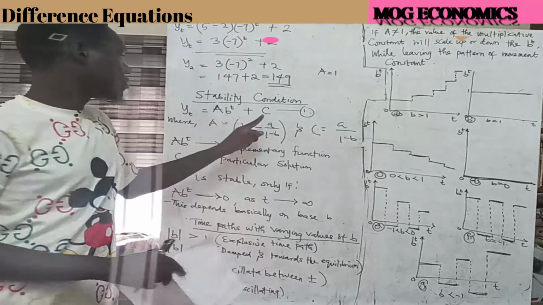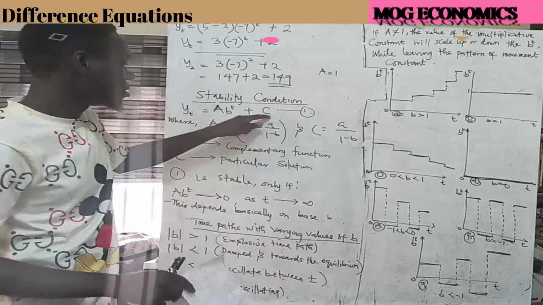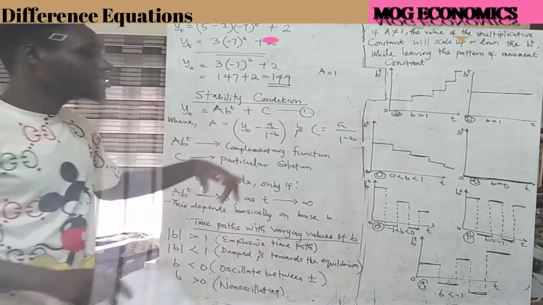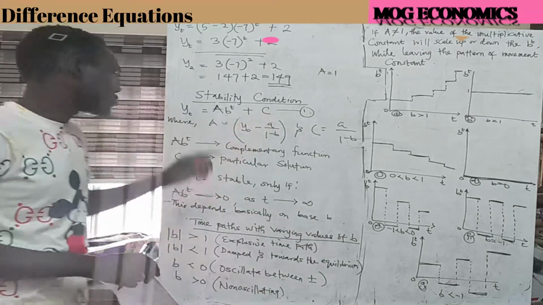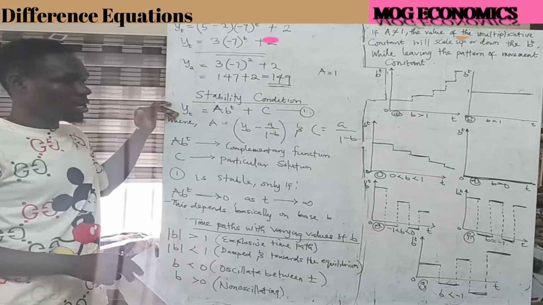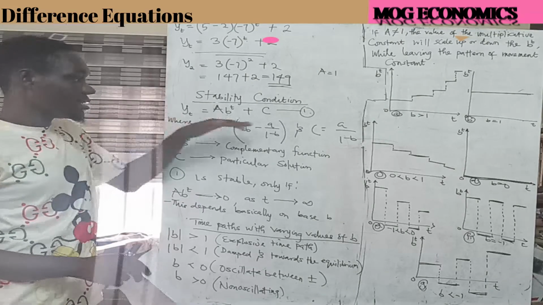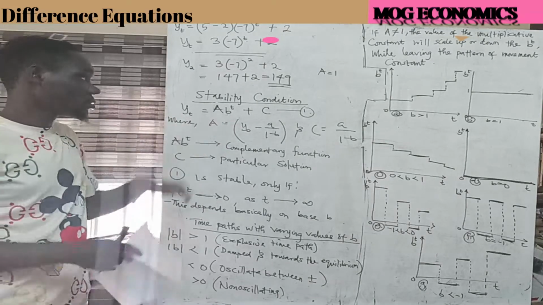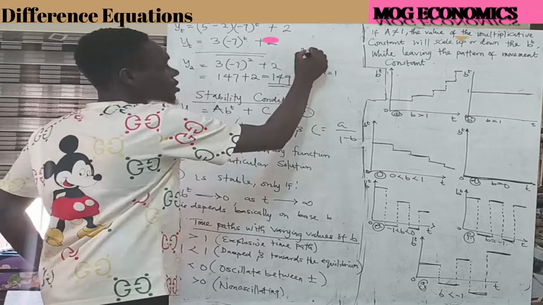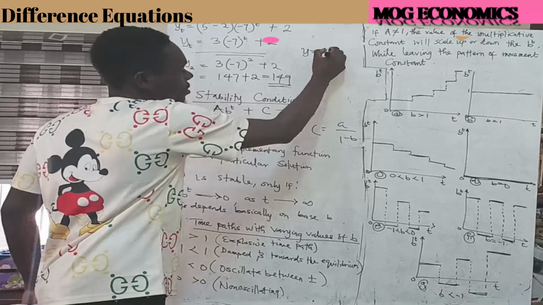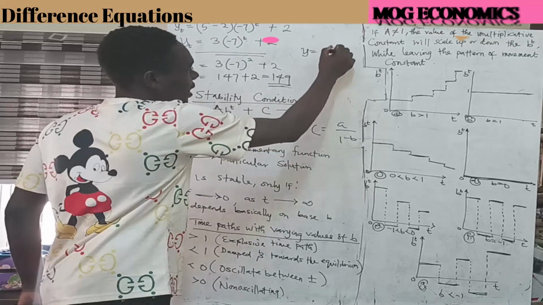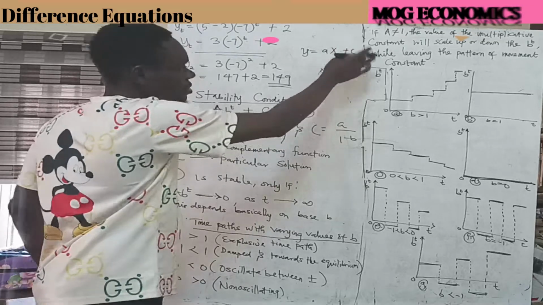And now for this C here, this one changes the intercept. This is more or less like the intercept here. If we compare this to a normal, simple linear equation, where we have, let's say, ax plus c, something like this.